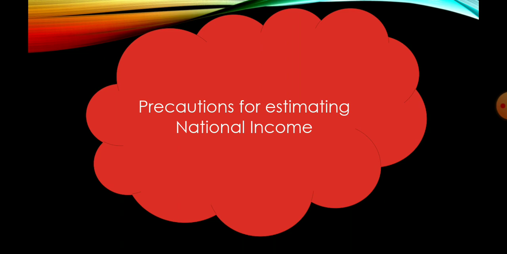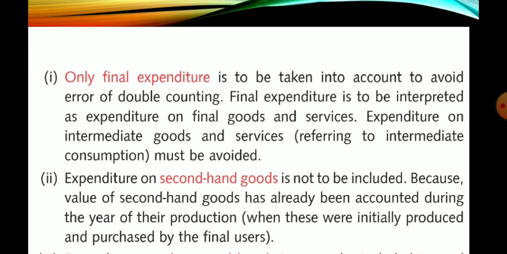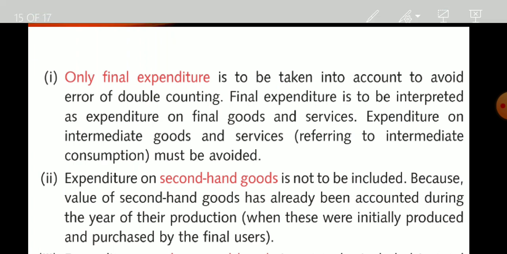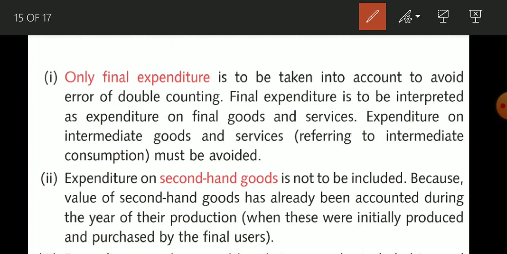Now, what are the precautions for estimating national income? When we are calculating national income with the help of the expenditure method, which things do you have to keep in mind? Let me start. First, only final expenditure is taken into account. Intermediate consumption we are not going to add.